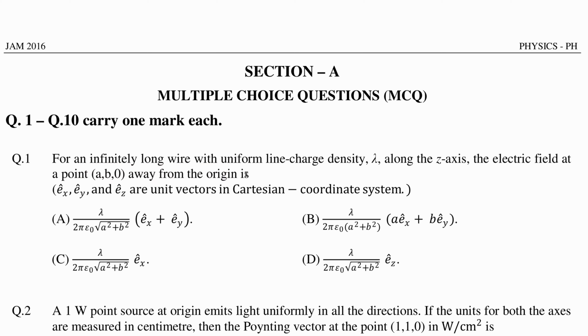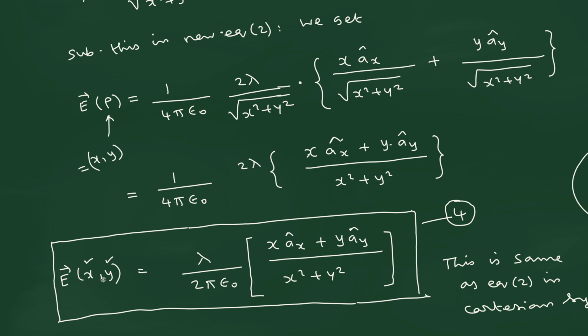That is the question, and you have 4 choices A, B, C, D. Instead of saying x comma y, they have written a comma b. So naturally all these things you convert as a comma b.